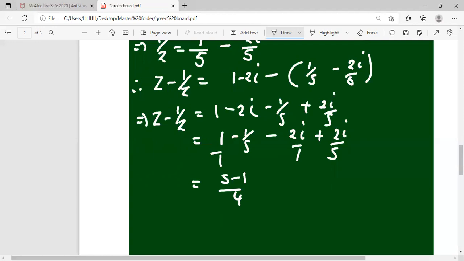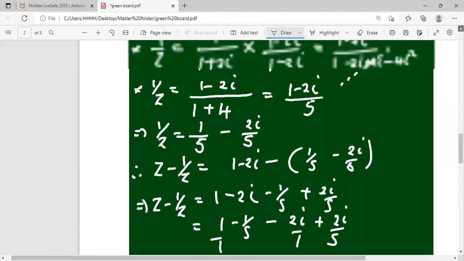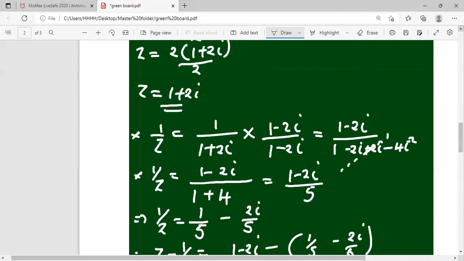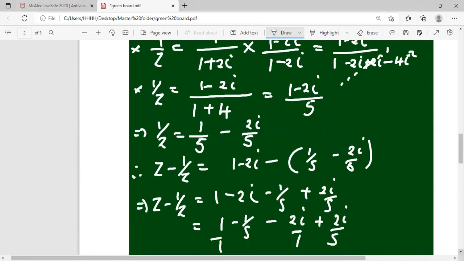Yeah, then they need to take note of z. What is our z? Before we proceed, I realize that I think we've missed z. Okay, z is 1 plus 2i. So z is 1 plus 2i.